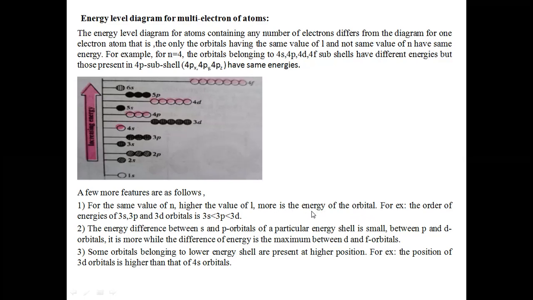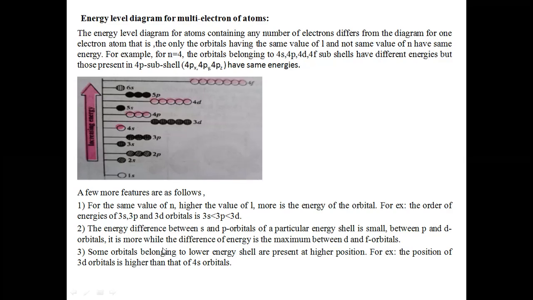The orbital will have more energy when the principal quantum number value n is the same and the l value is high. In that case, the orbital energy will be more.